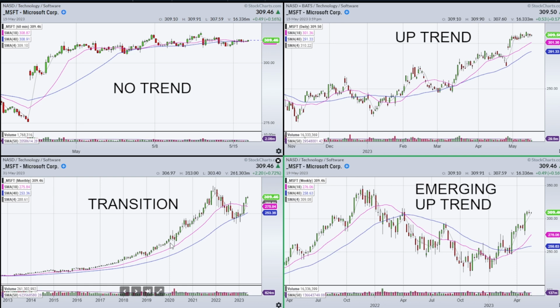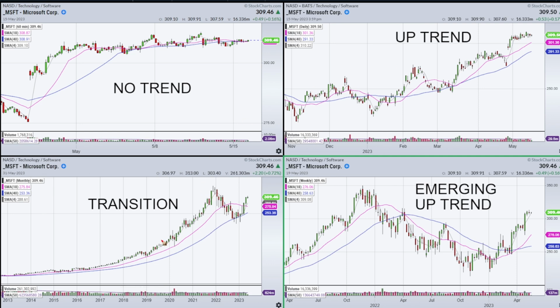We're not going to go through momentum today, but we also want to look at the momentum of each time frame as well. And this can give you a huge advantage. But I'm just going to use Microsoft as my example today, just because it's showing essentially four different trends in 4 different time frames. All right, we've got a monthly chart that is in transition.